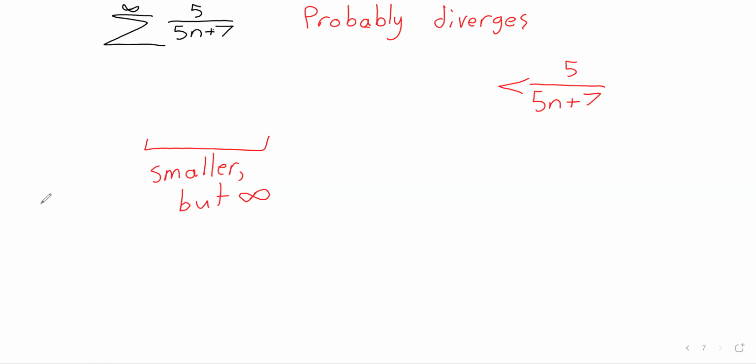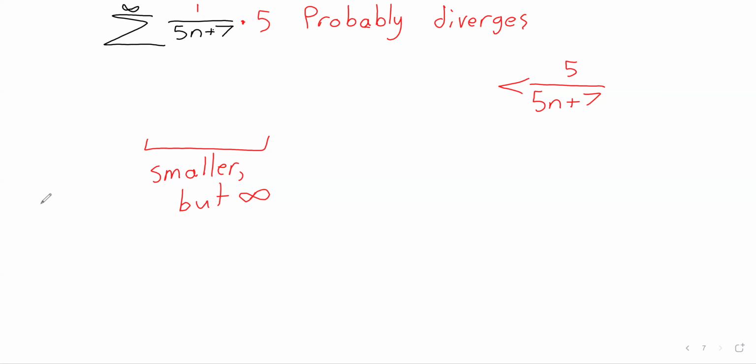I mean, I could rewrite this to make it explicit. This is a constant multiple of a series, and if we replace this with 4, it's still a constant multiple of this series. If we replace it with 1/1,000,000th, it's still a constant multiple of this series.